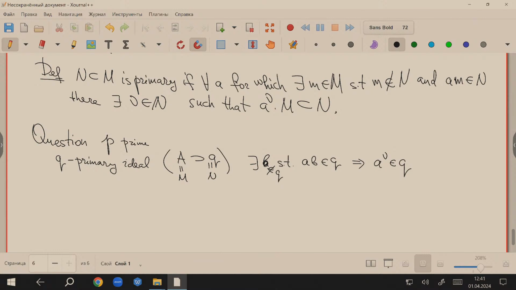So the property that a^nu times A is inside Q can be checked on the unit.